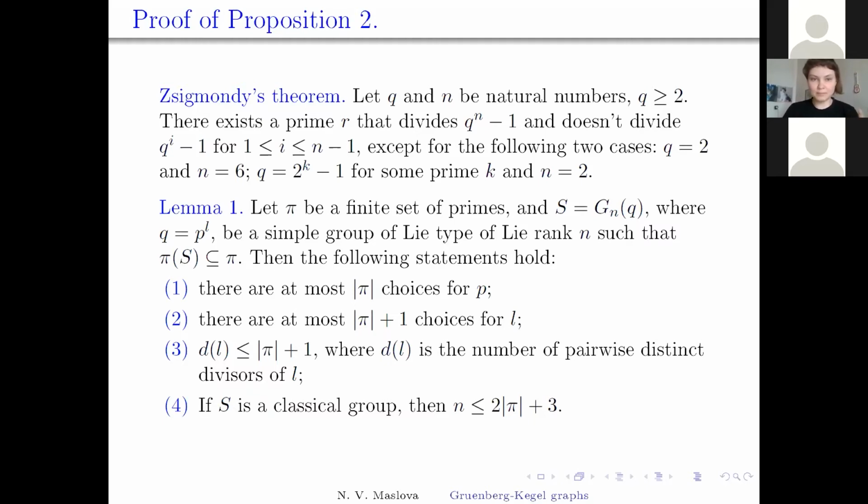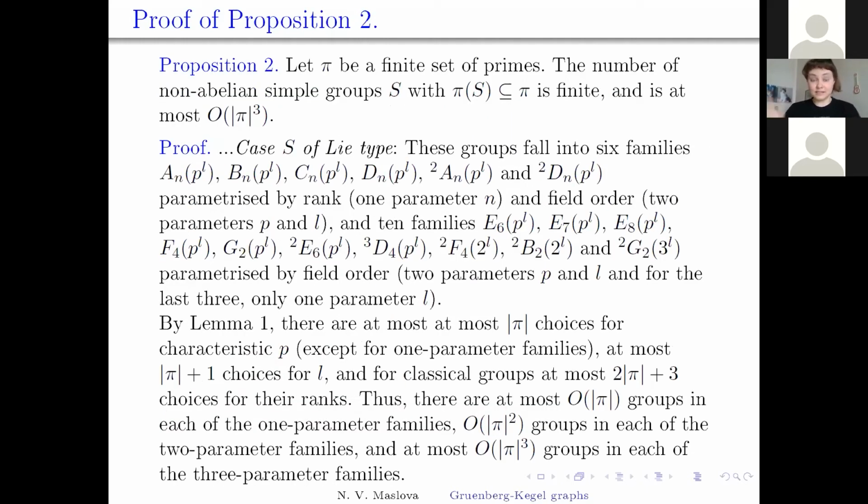So applying this result, we consider case by case series of finite simple groups of Lie type, and we understand that for each three-parameter series there are at most the order of pi cubed choices to take the rank, the characteristic of the field, and the power l.